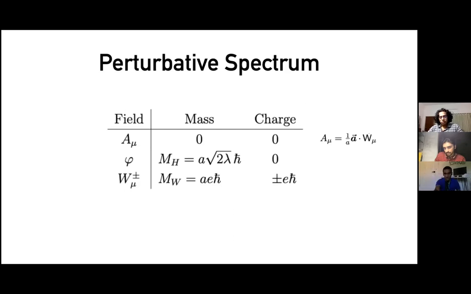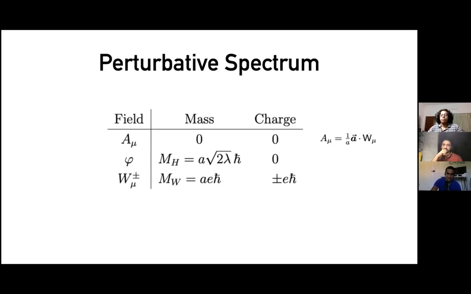And just out of curiosity, do you see why the mass of the scalar goes like the square root of the coupling lambda? Remember, lambda was in front of the potential, right? It's just because you're Taylor expanding some quartic function and you're going to get some quadratic part. The part that's quadratic in phi is going to be the mass, and so the coefficient is going to be something that depends on lambda.